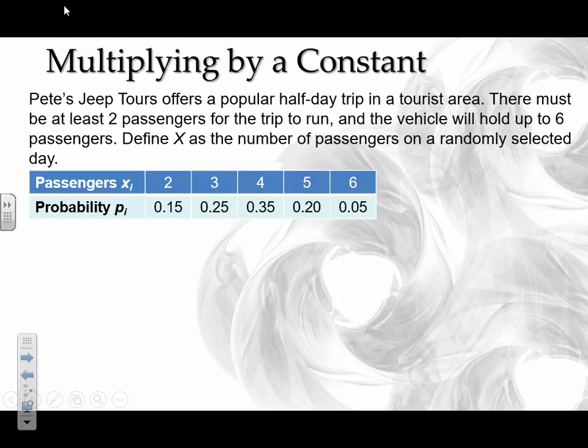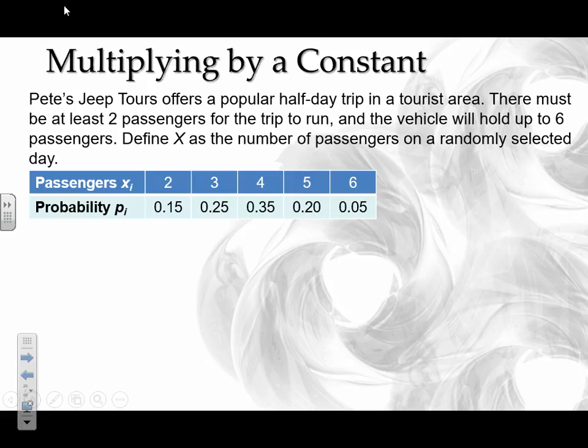Okay? Now, if I were looking at this probability distribution, and I asked you to determine if it was legitimate, what would you need to check? The percentages add up to 100%, and each percentage is in between 0 and 1.